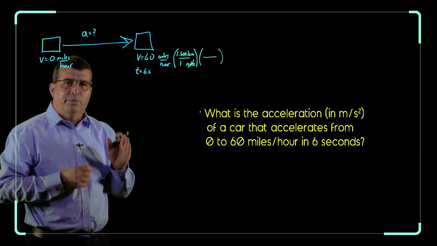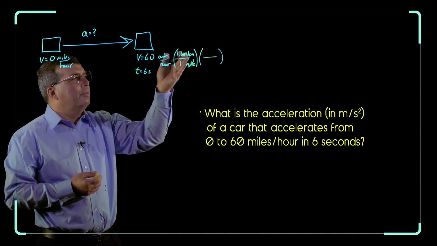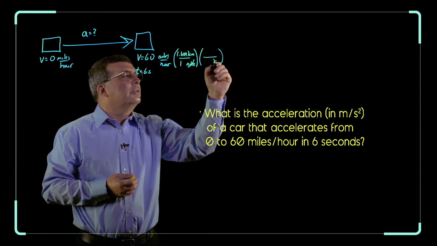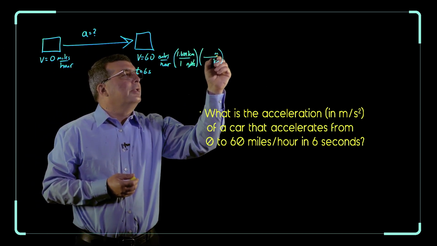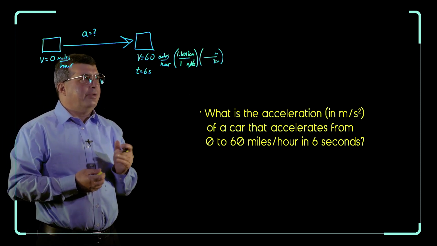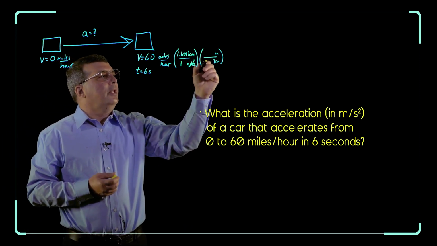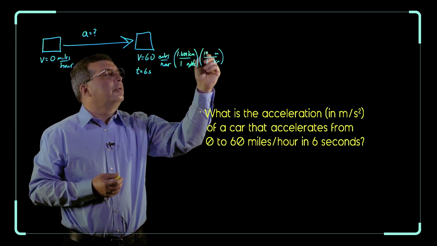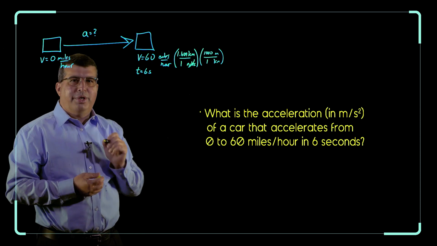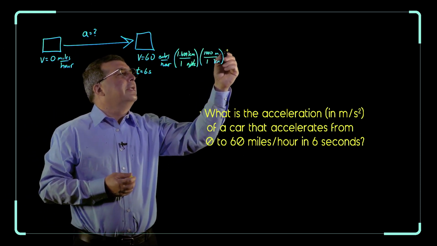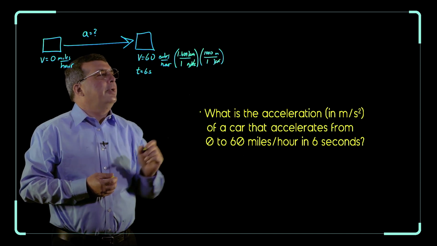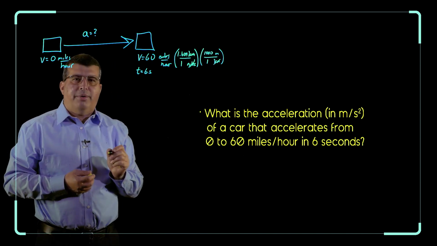Another fraction, we want to change kilometers to meters. We have kilometers in the numerator, so we want kilometers in the denominator. That leaves meters for the numerator. Now we have to have the same thing on top and bottom. And 1 kilometer is 1,000 meters. Okay, we're getting there. Now that gets rid of our kilometers, and we now have meters per hour.